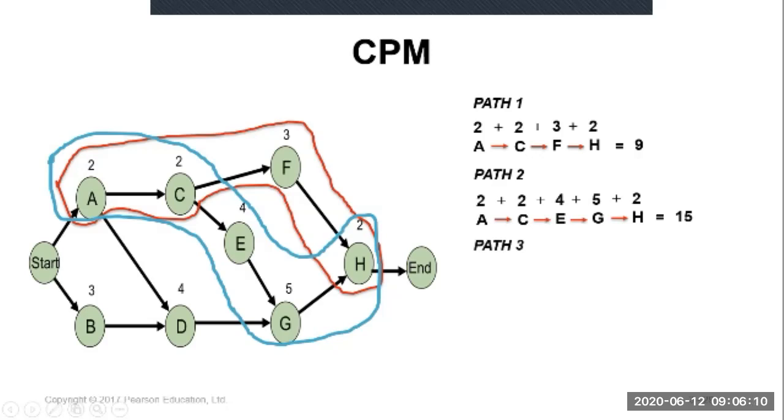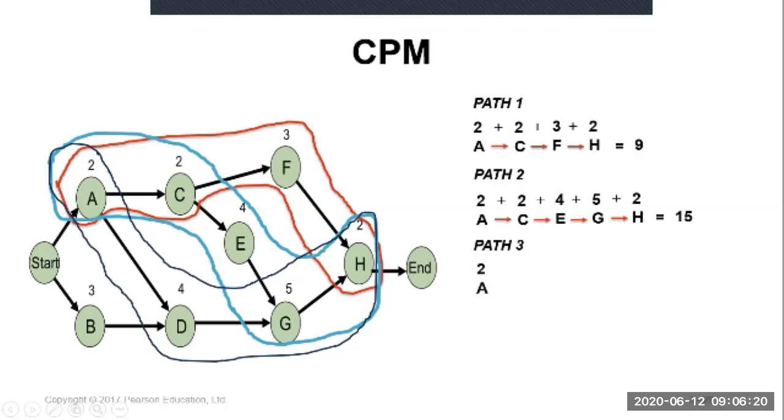Then we have to identify the next path. The third path is A, D, G, H. A 2 weeks, D 4 weeks, G 5 weeks, plus H 2 weeks. So the duration for path 3 is 13 weeks.